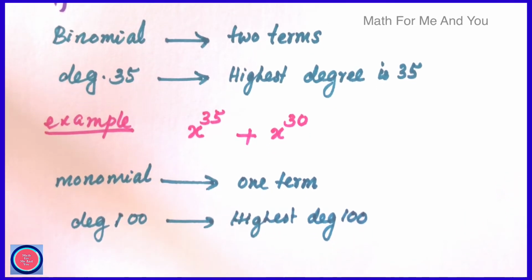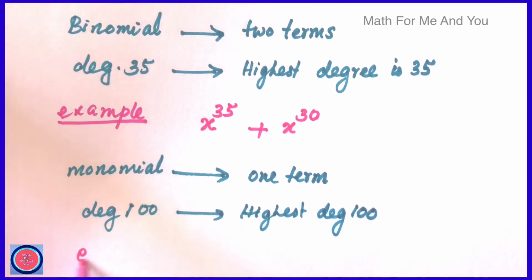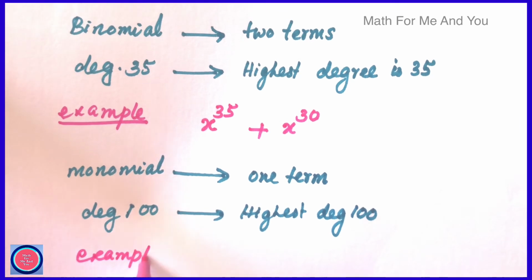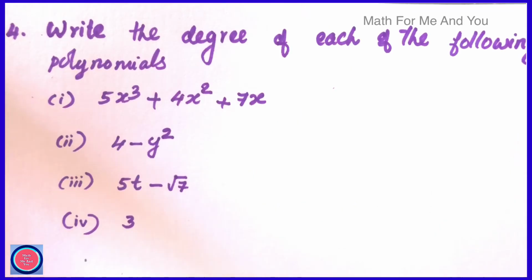Here also I am taking the variable x and just writing x with the power 100. So this is a monomial with the degree 100.